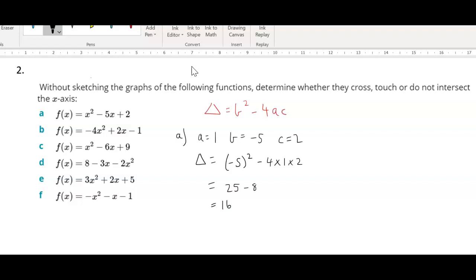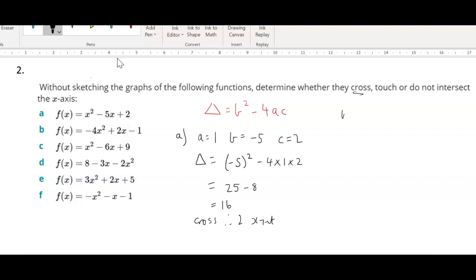Now 16 is greater than 0, so they cross, therefore we've got 2 x-intercepts. That's basically all question 2 is asking.